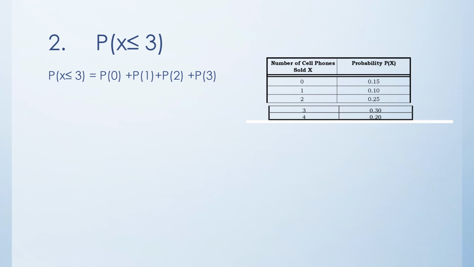Probability of 4 is not included because it is not included in the given. So we have 0.15, 0.10, plus 0.25, plus 0.30. Adding all this together will give us 0.80.